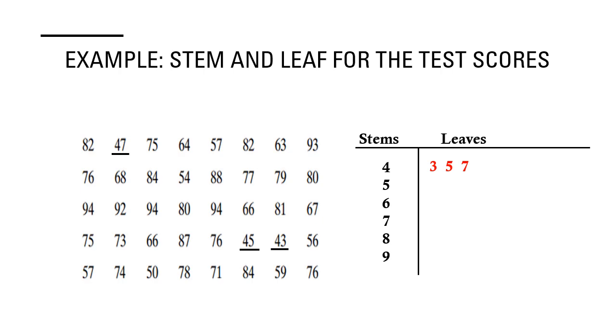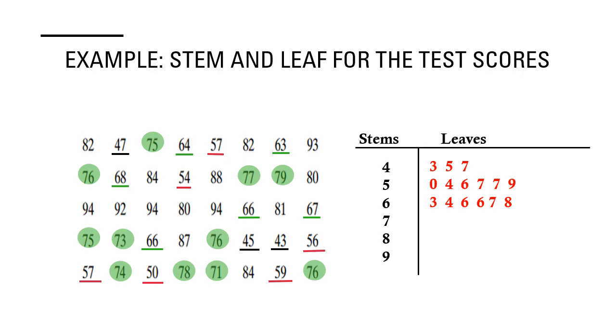And how do we read that? 43, 45, 47. For 5, we have 0, 4, 6, 7, 7, 9. For 6, now for 7, we don't have to organize the numbers in order, we can write them.